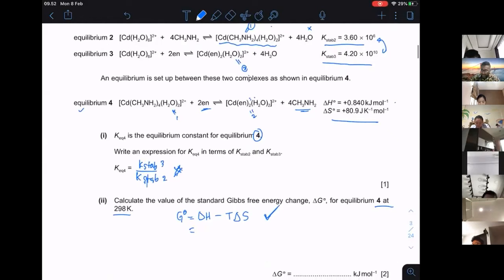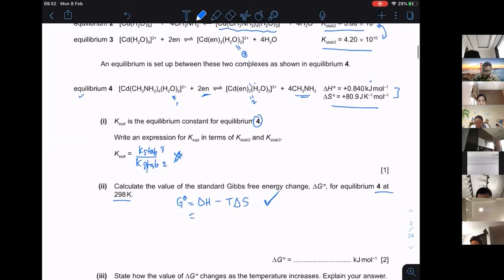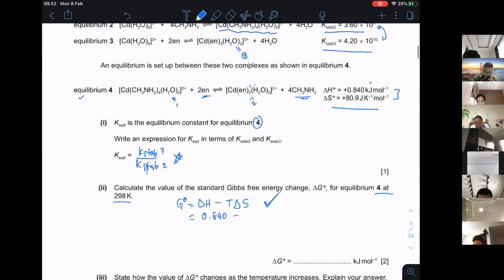So what I want to use, better to use straight away one of the units. If I want to use kilojoule, you see both of them are different units. So with kilojoule, 0.840 minus T, T must be in Kelvin, so 298.